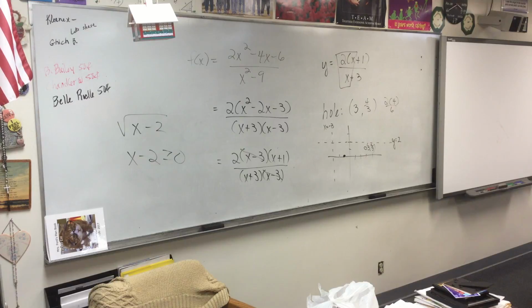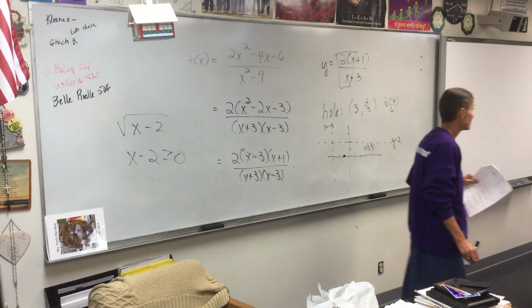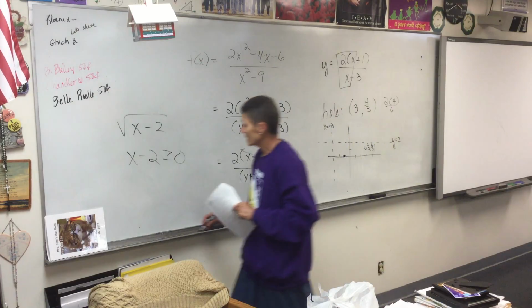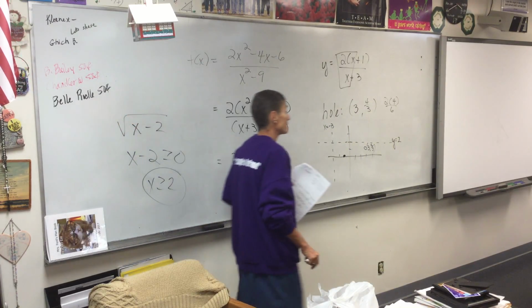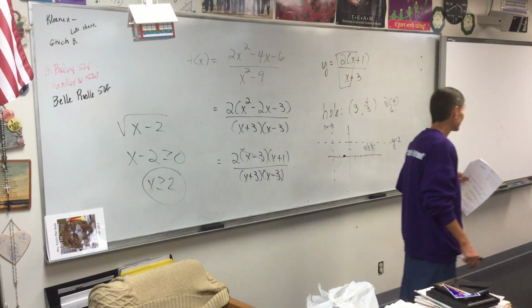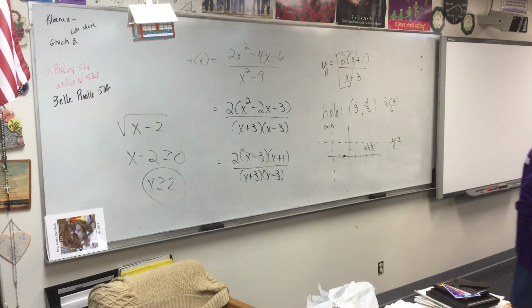Doesn't change. So if x minus 2 has to be greater than or equal to 0, then x has to be greater than or equal to 2. That's your domain. Those of you that want to do it mathematically will have bracket 2, infinity parentheses, right?